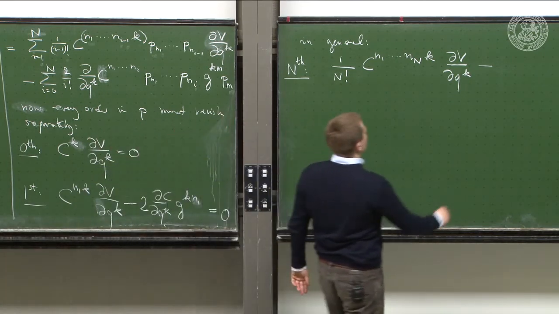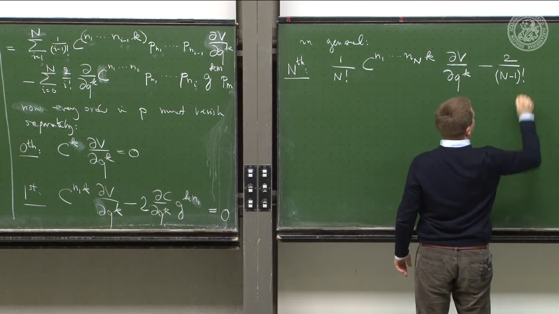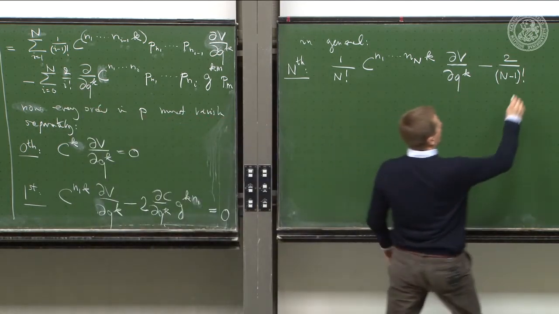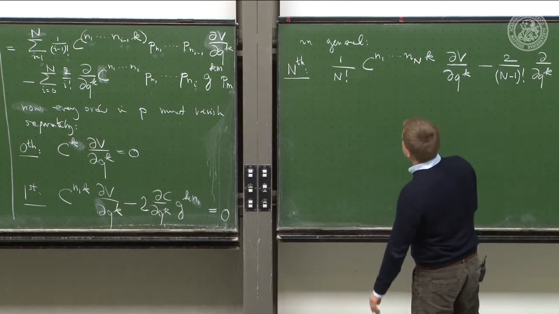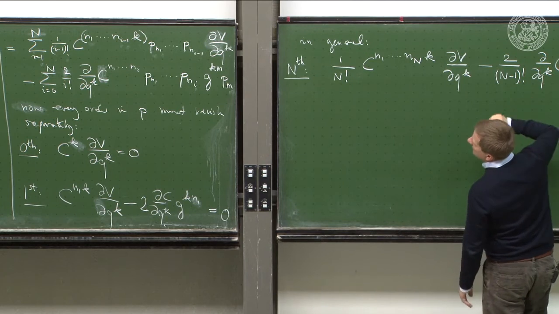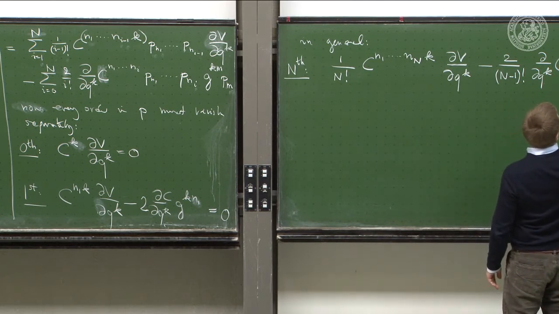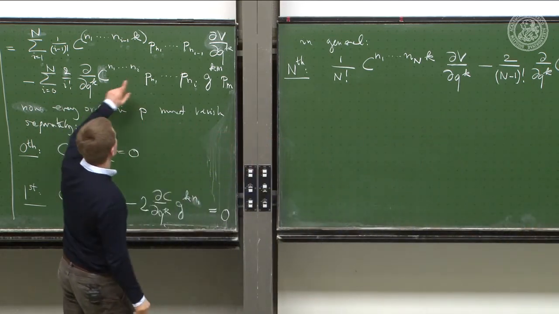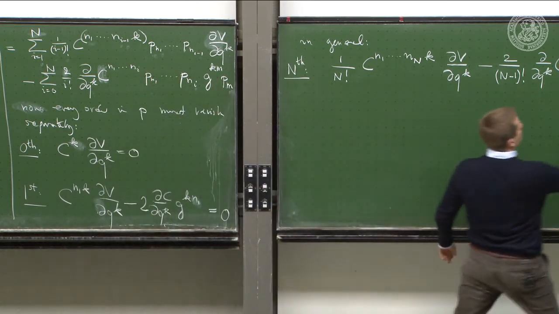So I get 2 by n minus 1 factorial d by dqk of the C from n1 up to n minus 1 gkm.